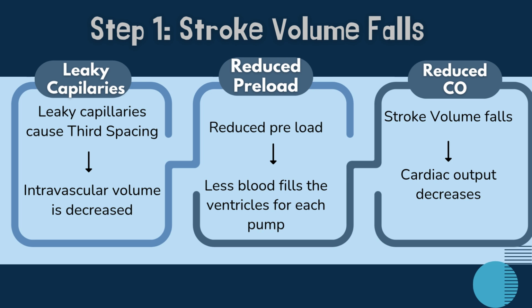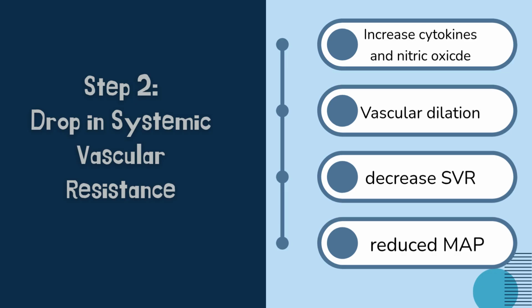Then we have a drop in systemic vascular resistance because nitric oxide and cytokines dilate the blood vessels and it makes them floppy. And this reduces our systemic vascular resistance. If we have reduced cardiac output and reduced systemic vascular resistance, this makes mean arterial pressure plummet. And with this mean arterial pressure reduction, tissues stop getting enough oxygen. What happens when tissues get less oxygen?